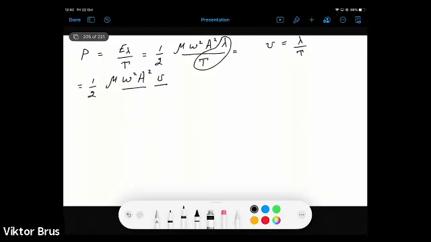Yes, it's v. It's the speed of wave propagation along axis x. Then we determined the kinetic energy per unit wavelength, which was achieved by integration along axis x from 0 to lambda.